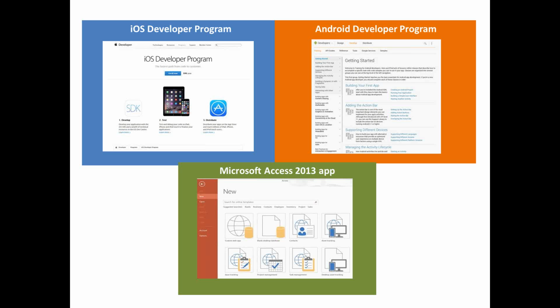Third, we have a different kind of app that is available for Microsoft Access users that are on Office 365. The Microsoft Access 2013 app allows you to create an app that interacts with SharePoint. Let's say you're an entrepreneur and you're using cloud technology for your business. Access 2013 has a new feature that allows you to create an app so you can track information or pull reports based on the design you create.